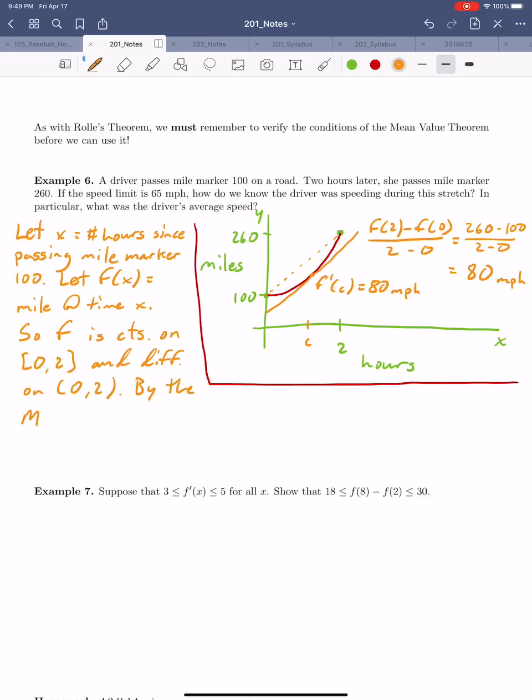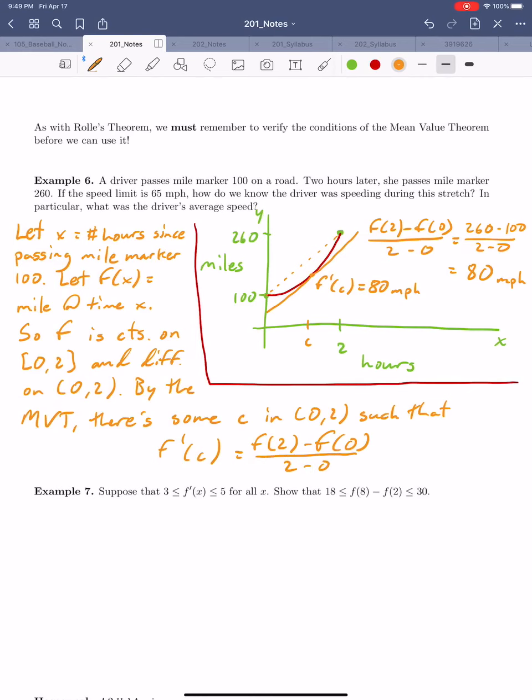So by the mean value theorem, which we call the MVT because I'm not going to write mean value theorem every time, there's some value c in the interval from 0 to 2 such that f'(c) equals (f(2) - f(0)) / (2 - 0).